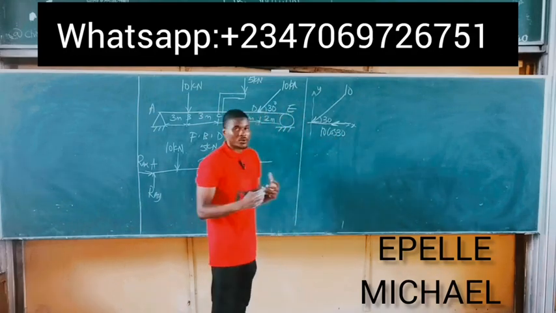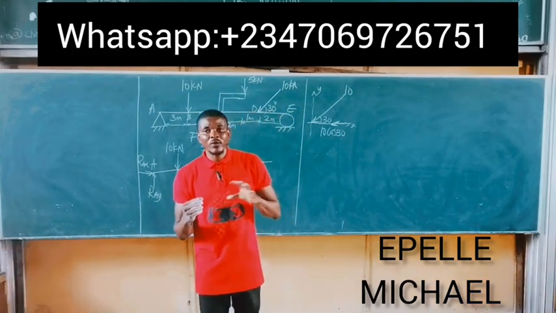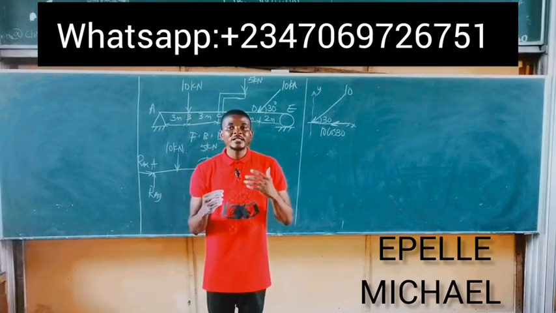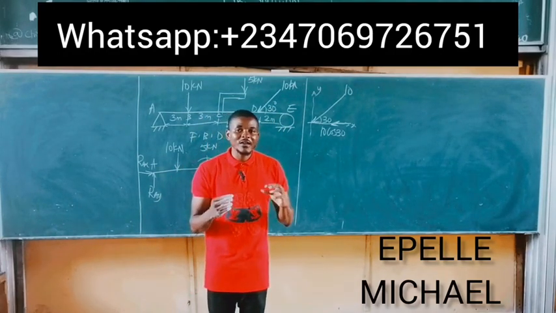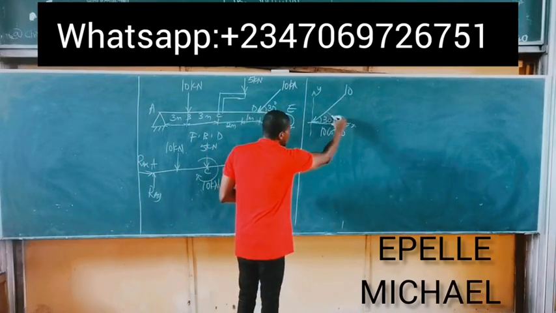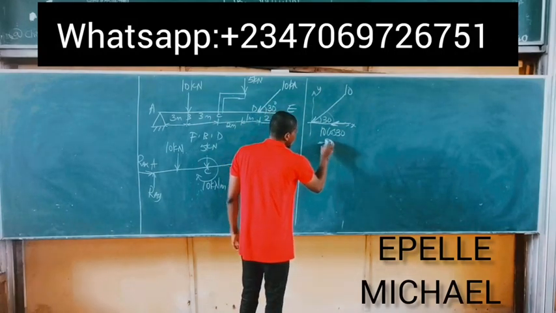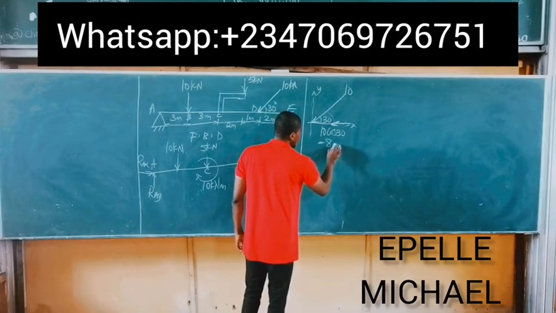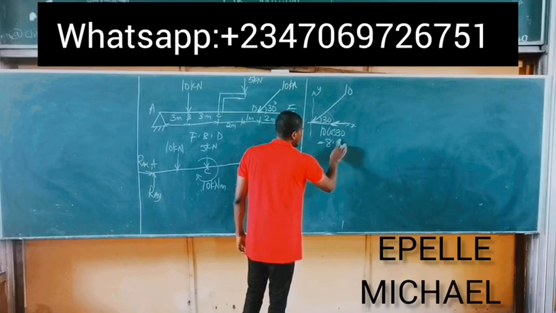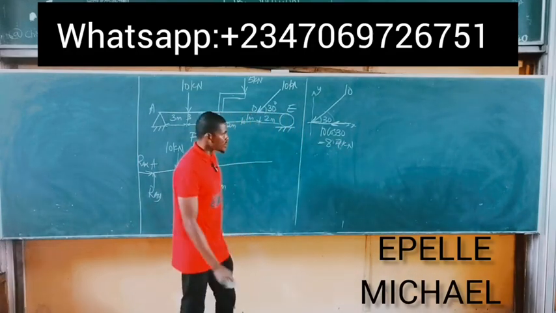It becomes 10 times cos 30. So always, to resolve a force into any of the components, either x or y, simply multiply the force by the cosine of the angle the force passes through. So since this force passed through this angle to get to the horizontal component, it becomes 10 cos 30, and 10 cos 30 is about 8.7 kilonewtons.